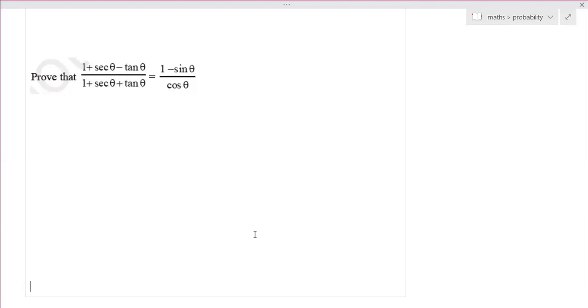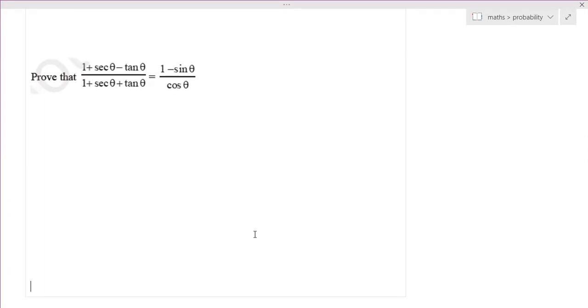Anand, how to do? So, sec as 1 by cos and tan as sine by cos.